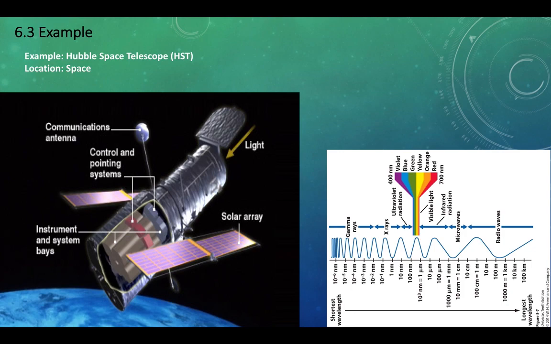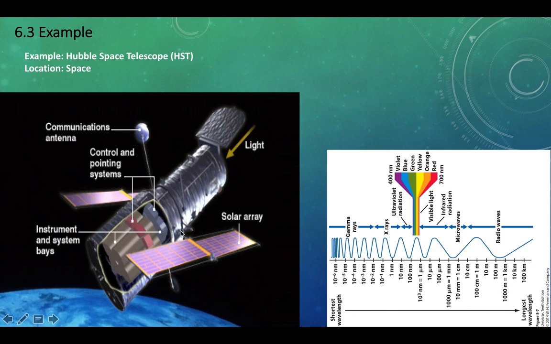So let me give you some examples of telescopes. This is the Hubble Space Telescope. You see light comes from this direction. You have the smaller mirror here. The light goes in all the way. You have a mirror inside. It gets reflected back to the second mirror, and then the second mirror will reflect back the light, and we will be able to see them here on Earth.